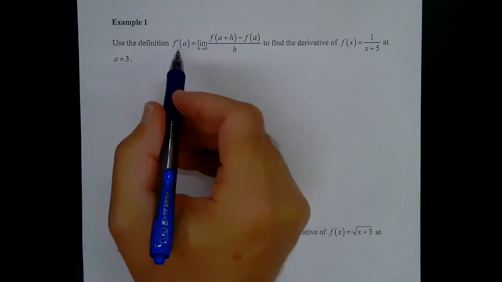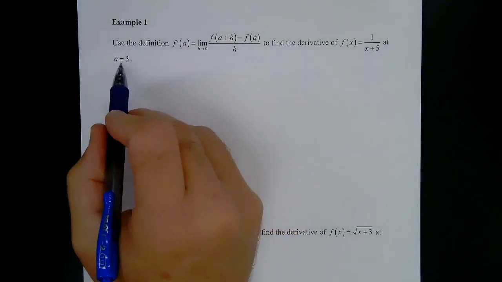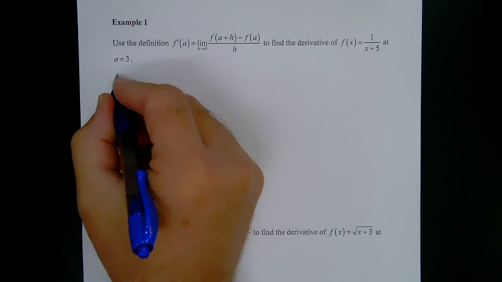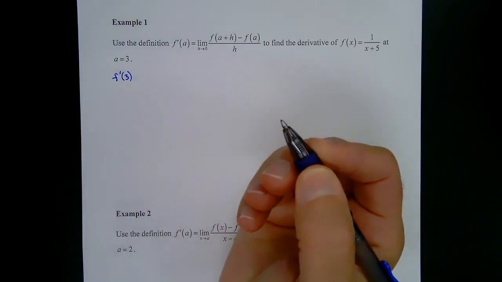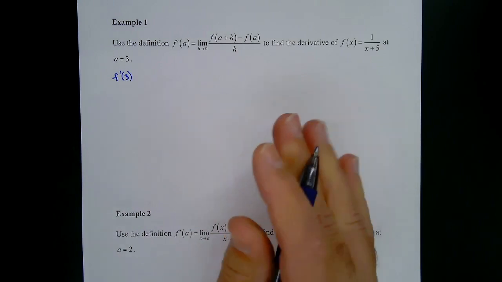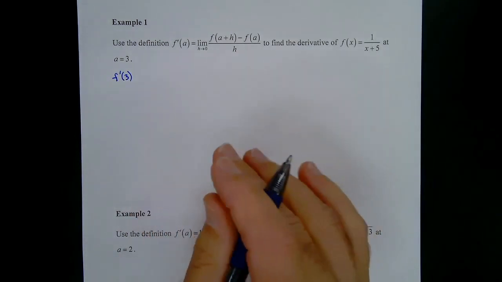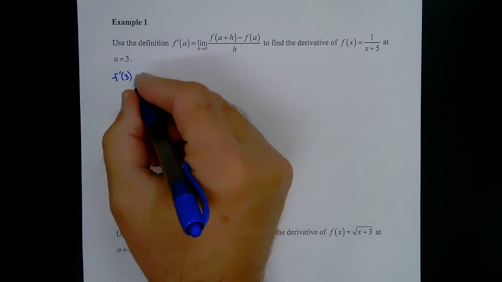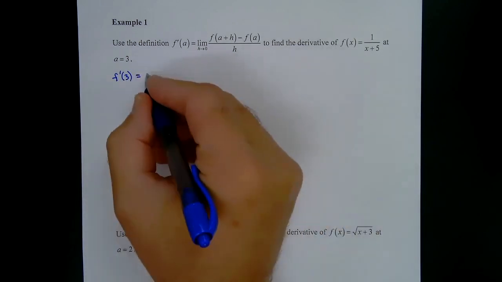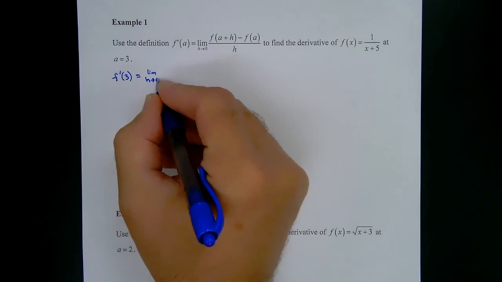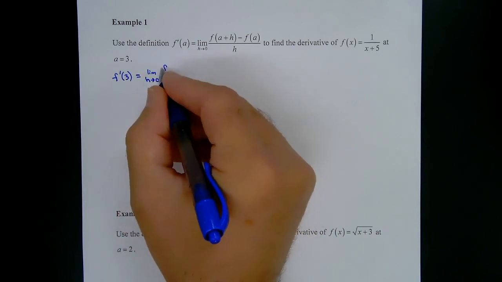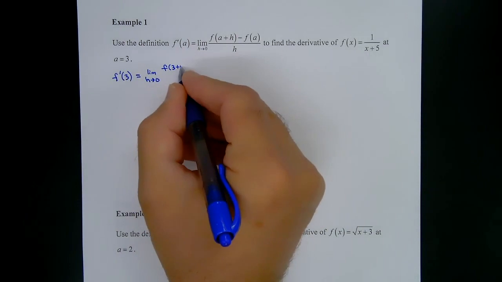So we want to find, now we can start using this notation. So it's at a equals 3, so we're actually finding f prime of 3, and that's the derivative at 3. So it's not the derivative, it's the derivative at 3, which is different, okay? So this is equal to, all right, the limit as h approaches 0 of f of 3 plus h.